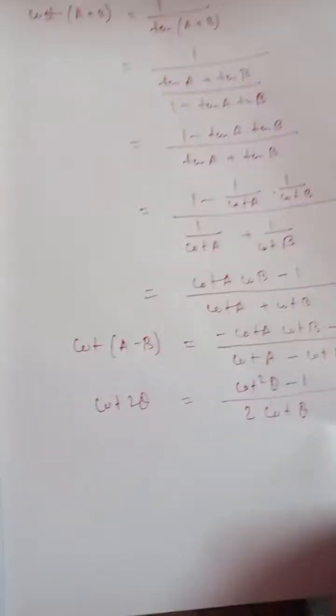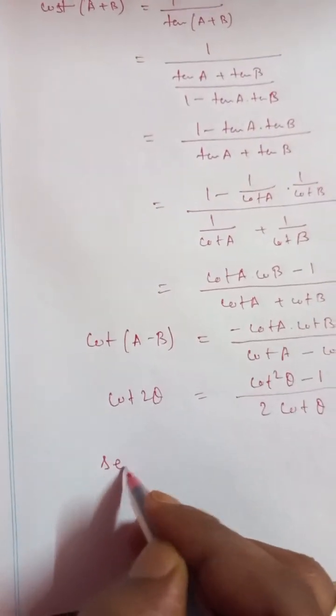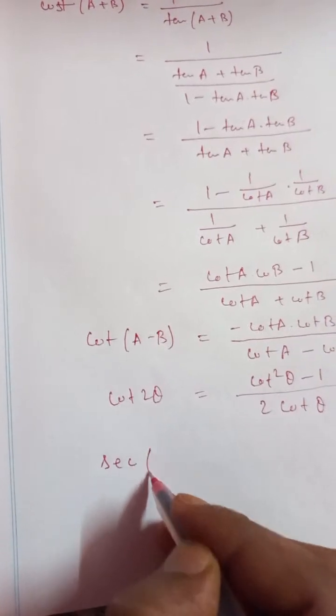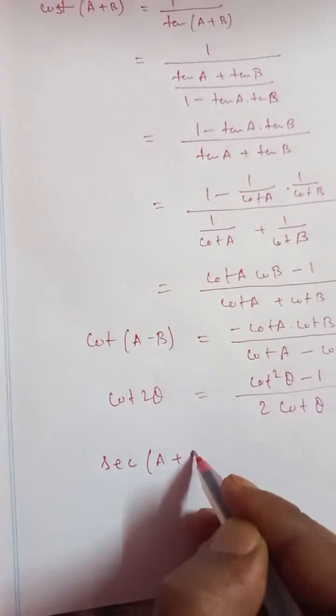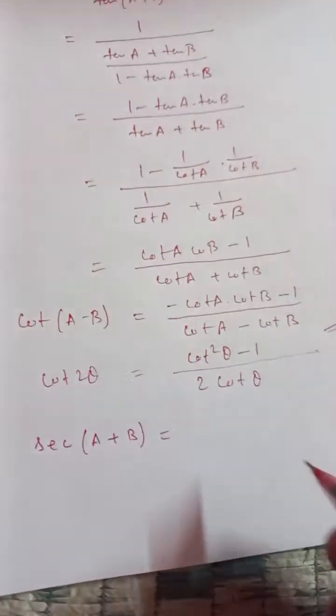Now in this way we can find out sec(A plus B), which will be 1 by cos(A plus B).